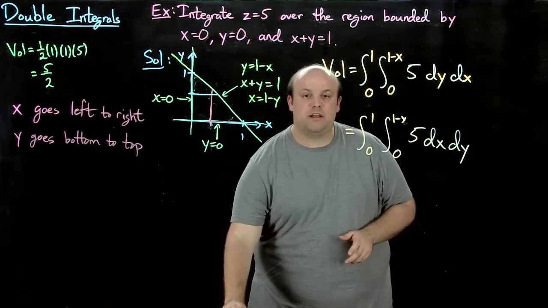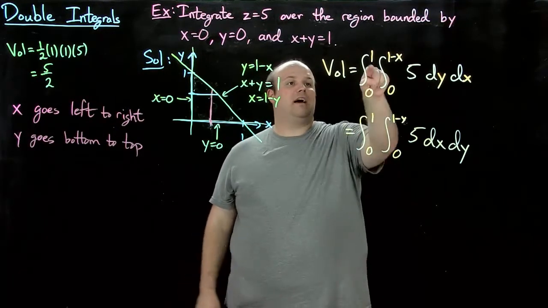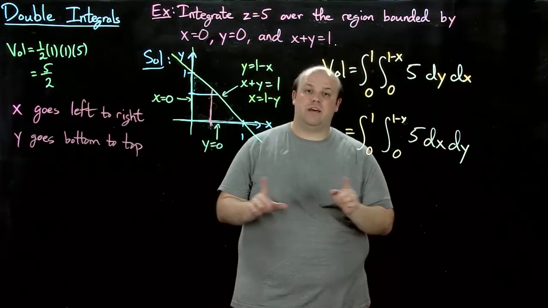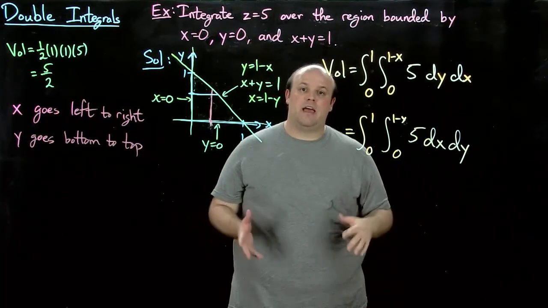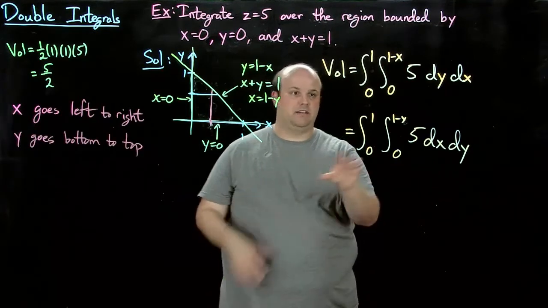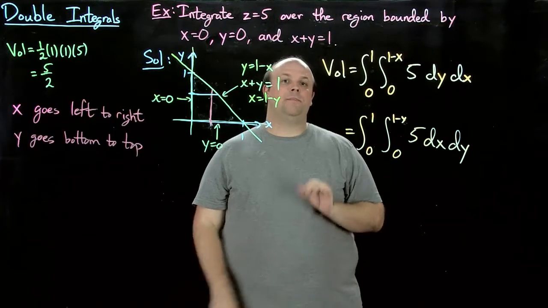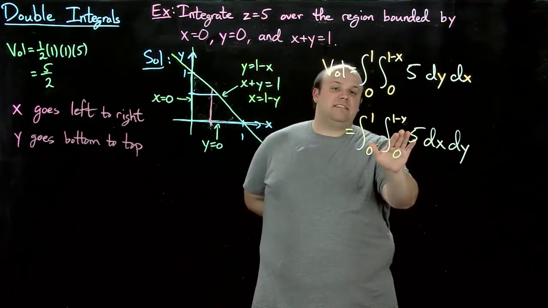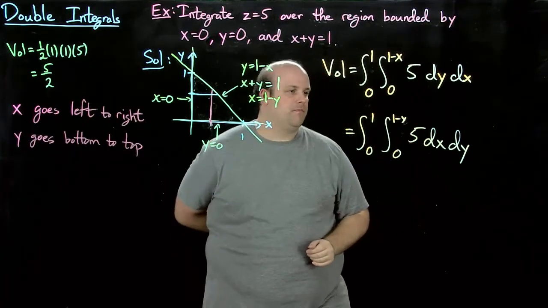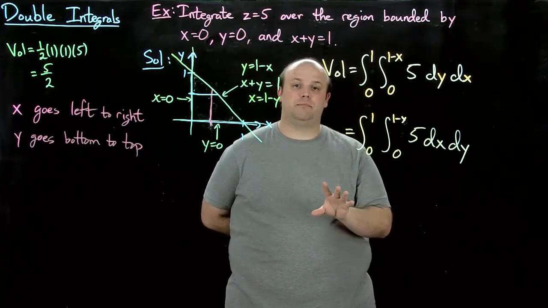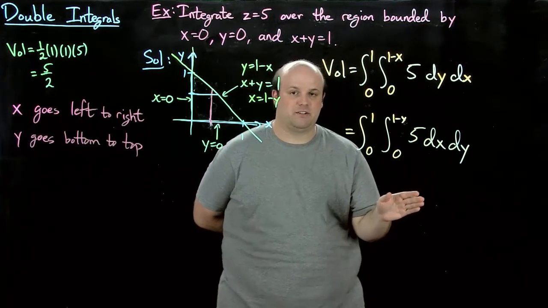And another little comment is the outside integral here, no matter what the region is, should never, ever have a variable in it. This outside integral should only have numbers. And this inside integral, either of the bounds should never have the same variable you just integrated with respect to.